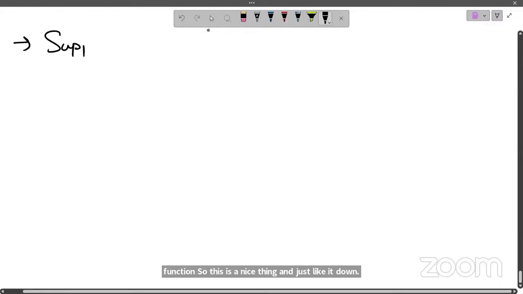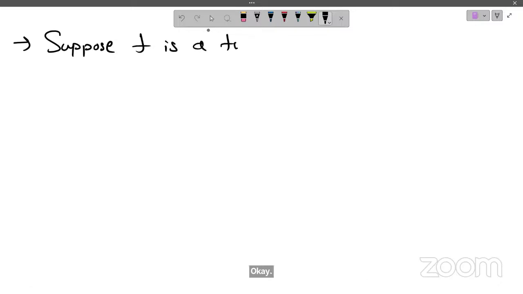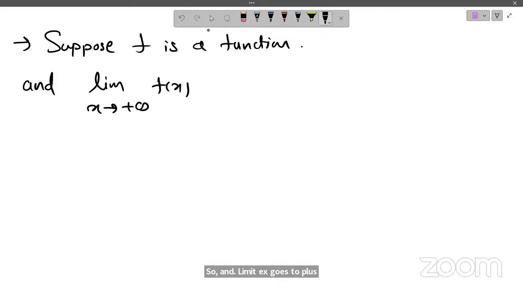Suppose f is a function and the limit as x goes to plus infinity of f of x is some constant c, which is strictly less than plus infinity. It is not plus infinity.